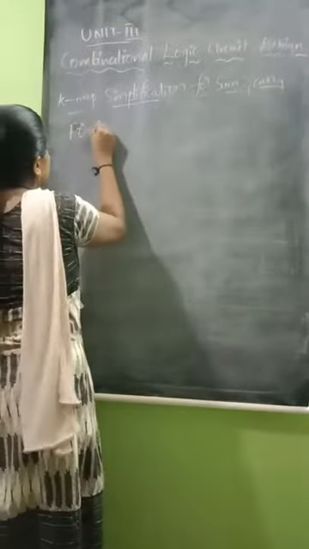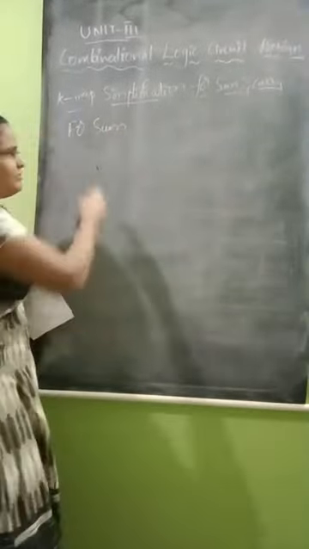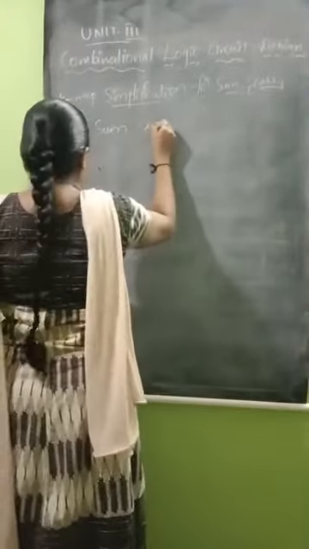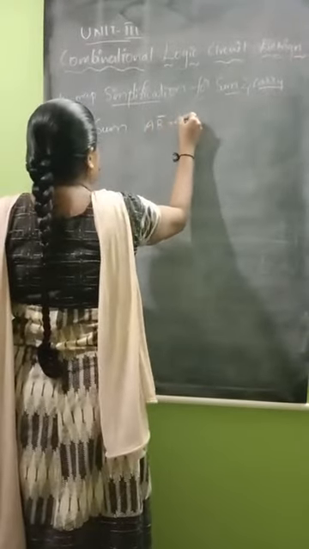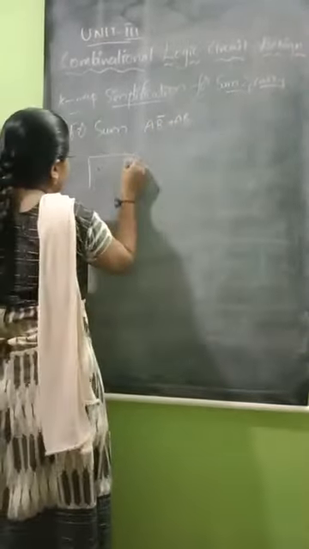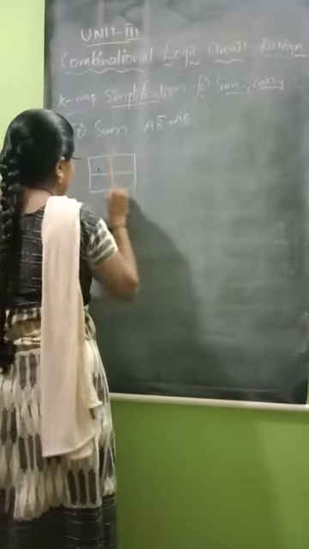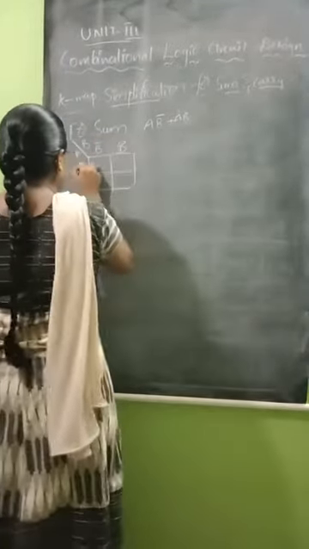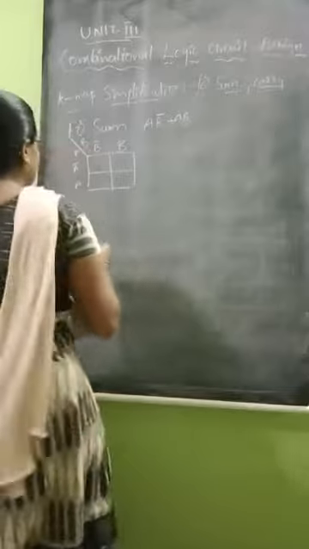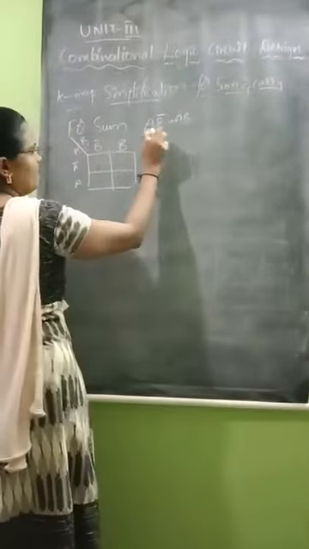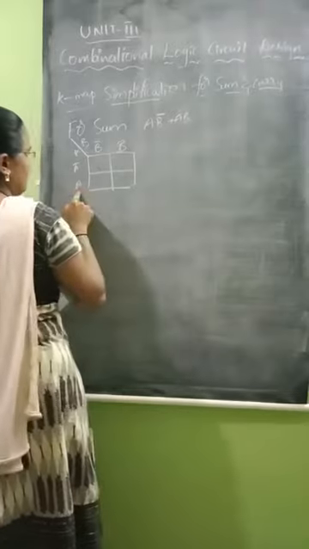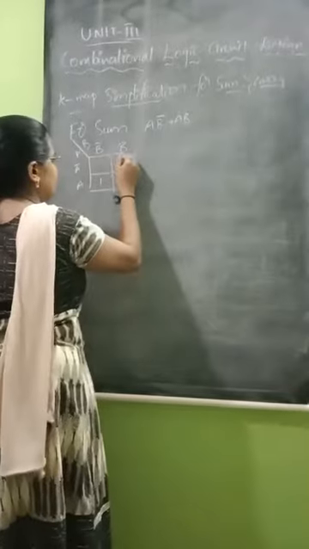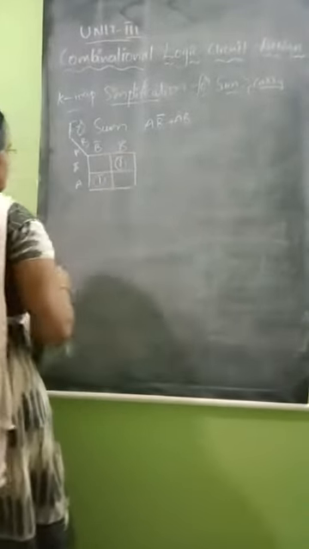For example, sum means the XOR operation, A B bar plus A bar B. So A into B bar is represented here, and A bar into B is represented here.